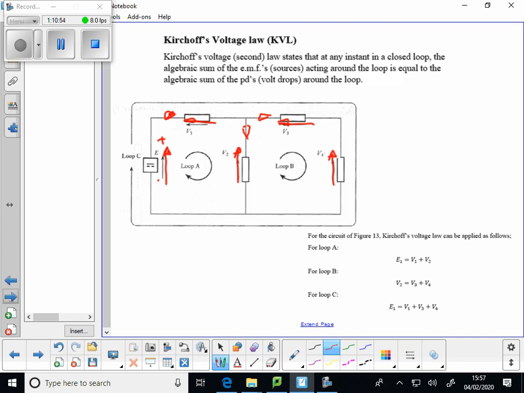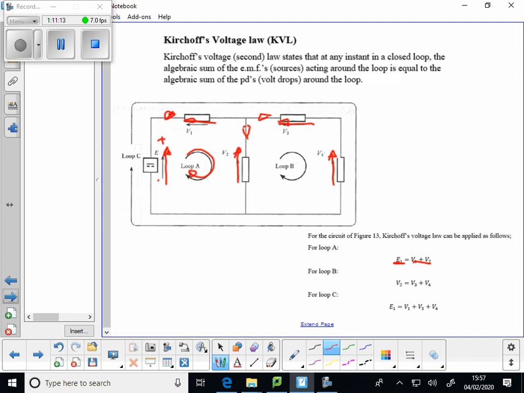And then to write the equation, so if we take loop A, that's this loop, clockwise arrow, and on the other side of the equation, V1 and V2.